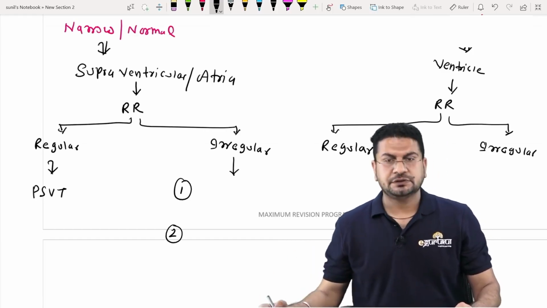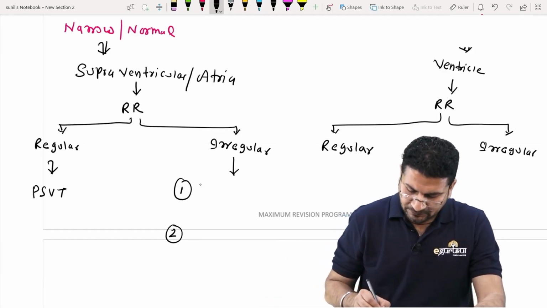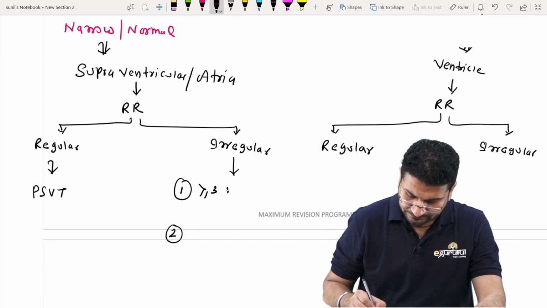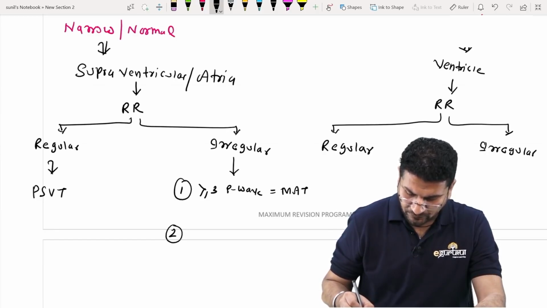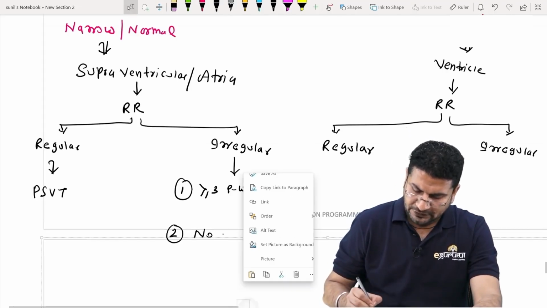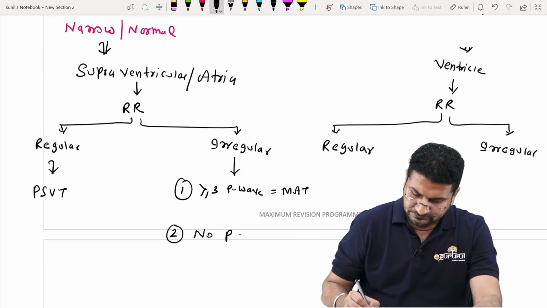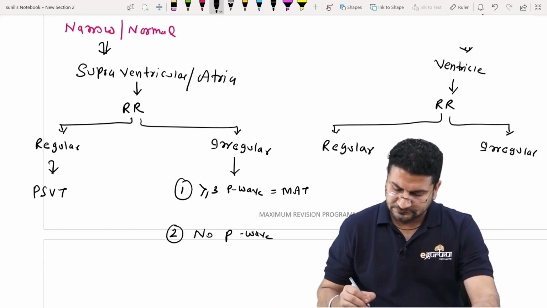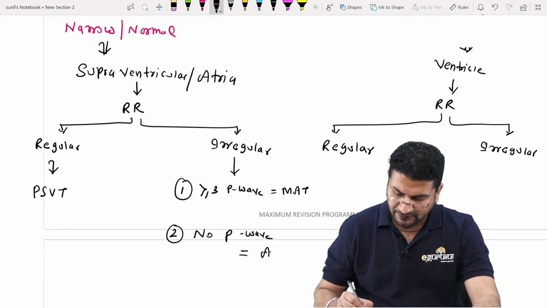then you need to see two things. Either there are more than 3 morphologies of P wave, we call this MAT, multifocal atrial tachycardia. Or you see no P wave, P wave is missing, then we call this atrial flutter or fibrillation.